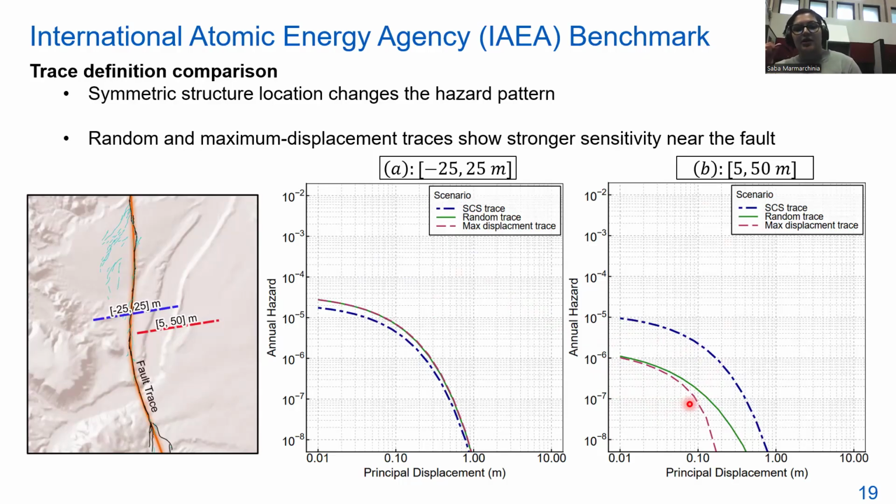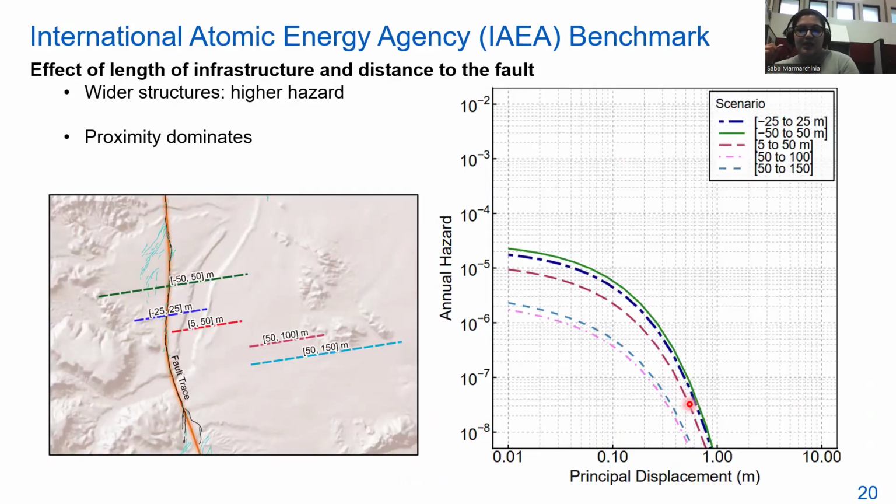This slide highlights the difference between the previous framework and the proposed framework, which can account for the uncertainty related to the fault trace definition and the location of the structure. In the final comparison, we want to show the effect of the structural length and the distance of a structure to the fault.